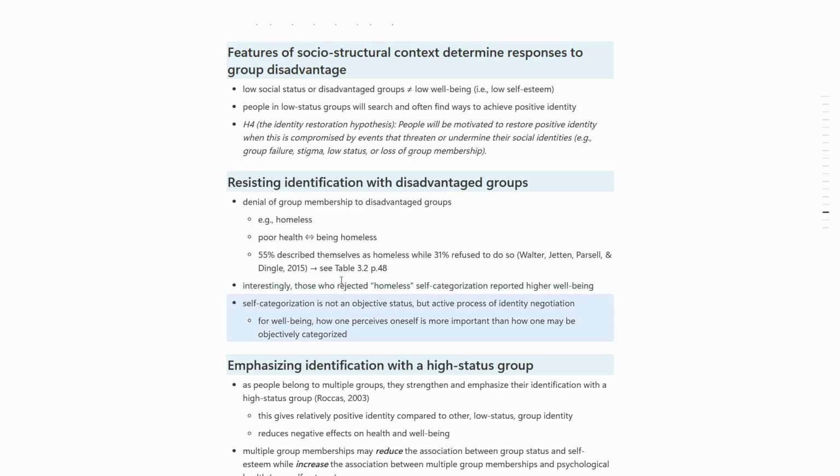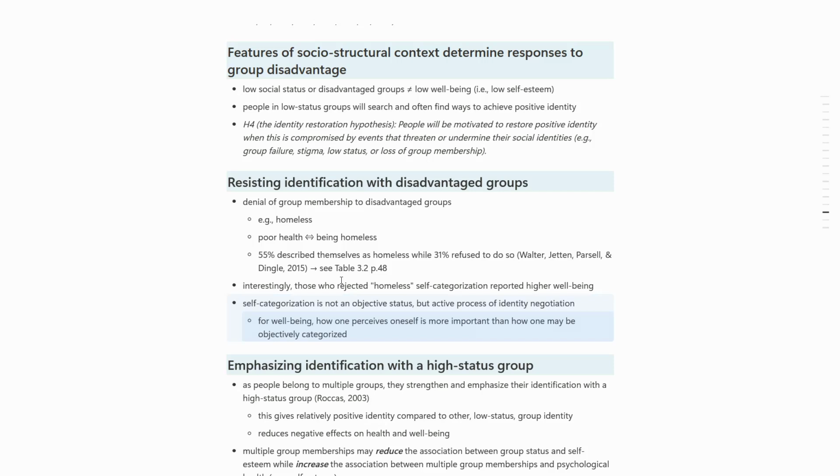So self-categorization is not an objective status, but an active process of identity negotiation. What kind of identity you may want to have, and how you categorize yourself, can really determine what your identity is.